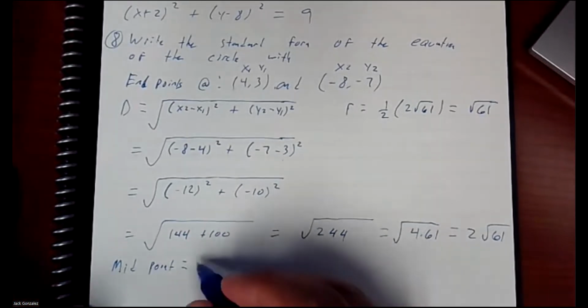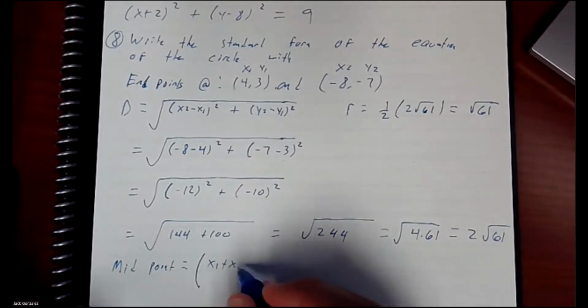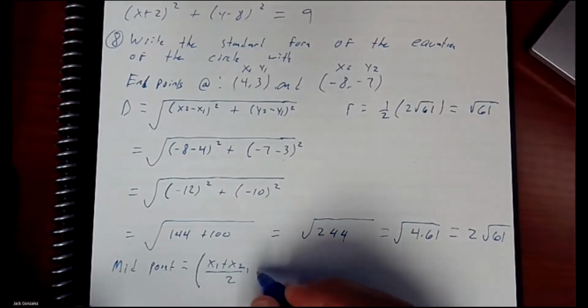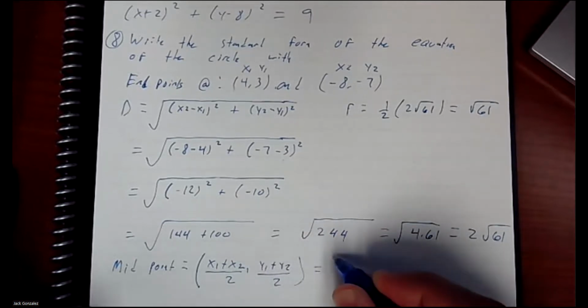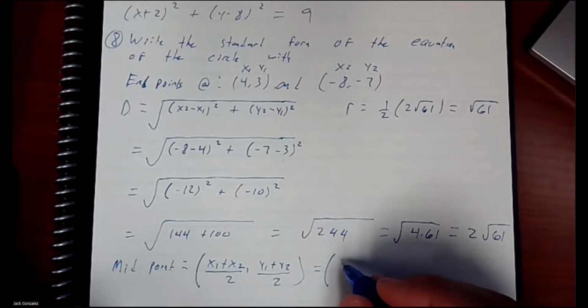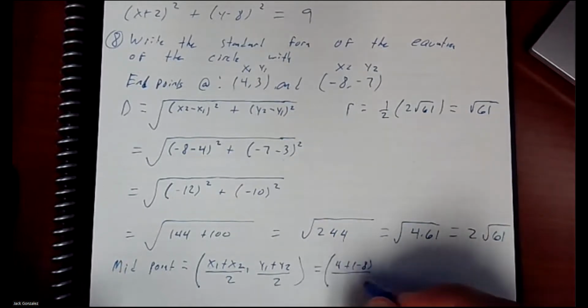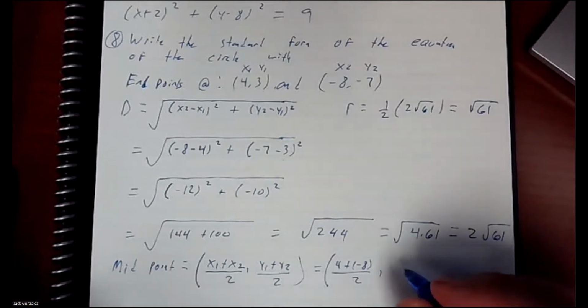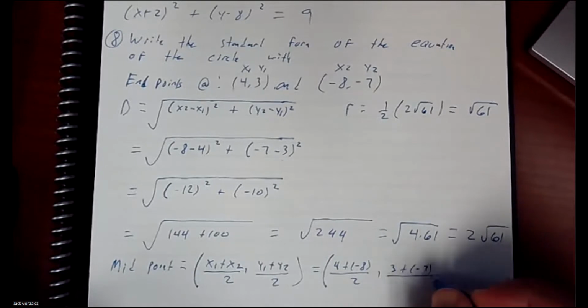The midpoint of these 2 points will be x1 plus x2 over 2, comma y1 plus y2 over 2, which is 4 plus -8 over 2, 3 plus -7 over 2.